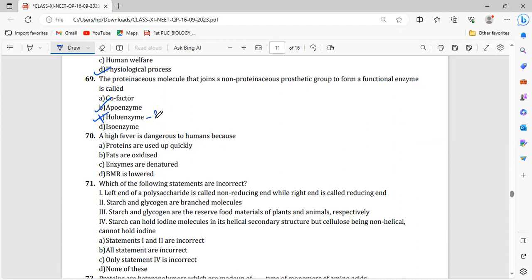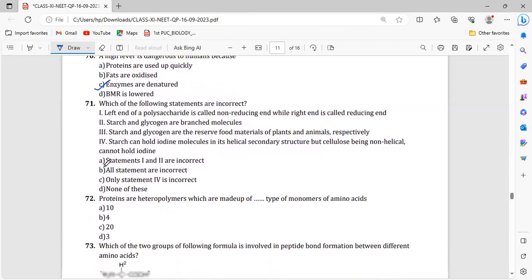So the holoenzyme is a functional enzyme. Then 70. A high fever is dangerous to humans because the body temperature increases, and at high temperature the enzymes, the proteins, will get denatured. They will lose their structure.